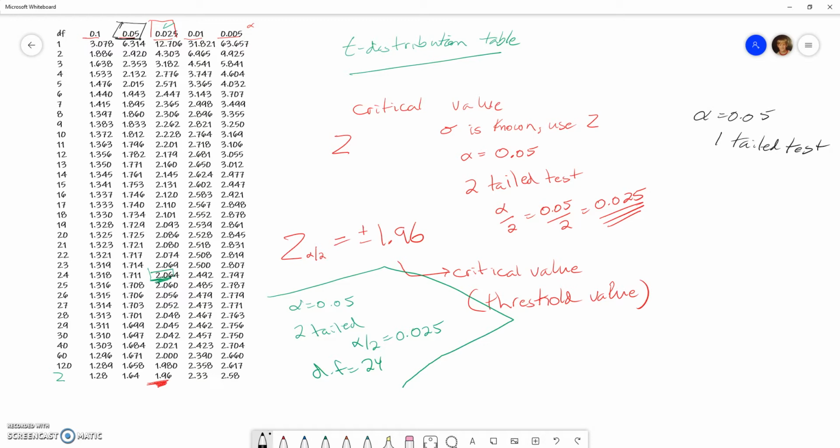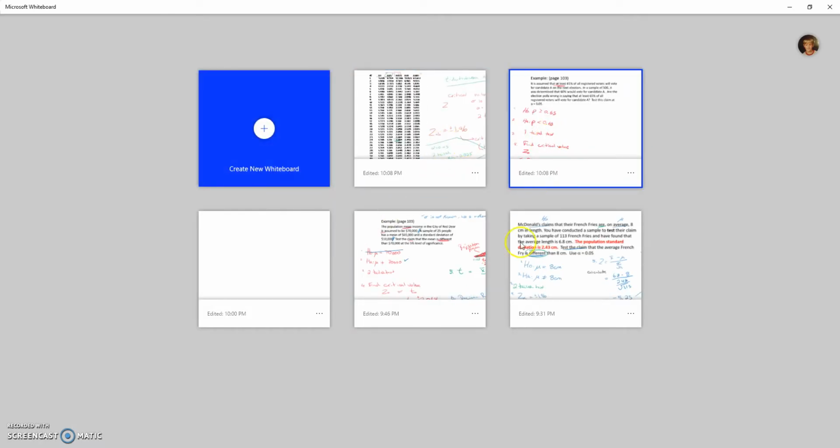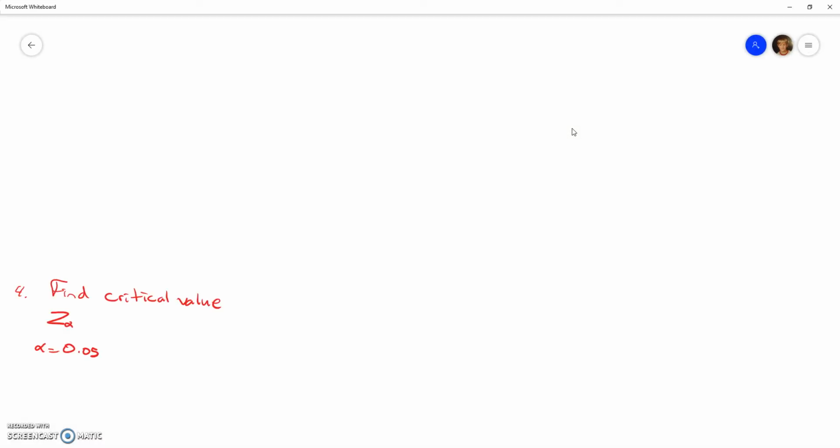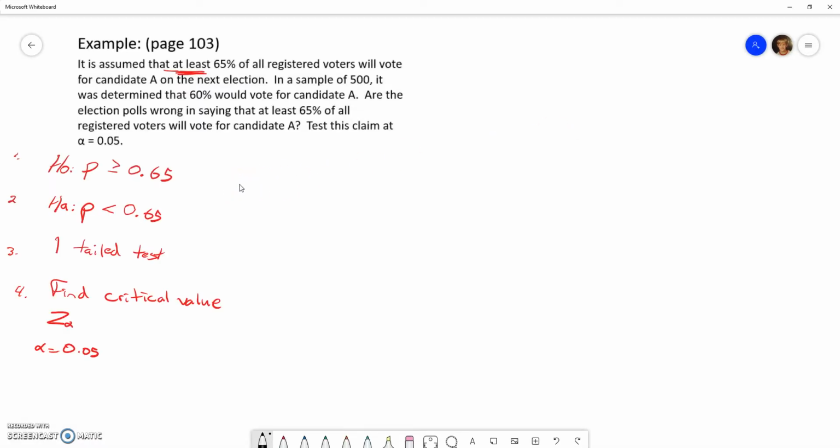It's a Z value, so we know the Z value is 1.64. We're not concerned about degrees of freedom. So the critical value for Z is 1.64. Technically, it's going to be negative.